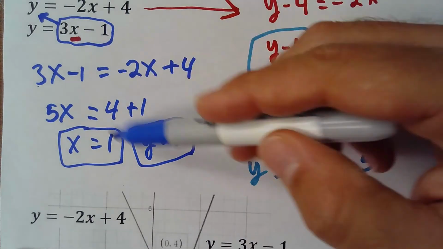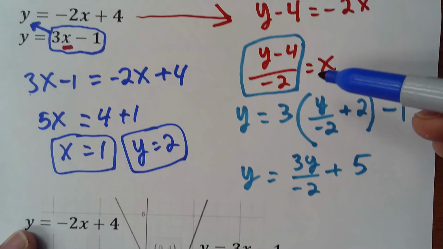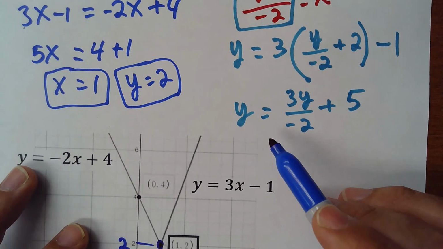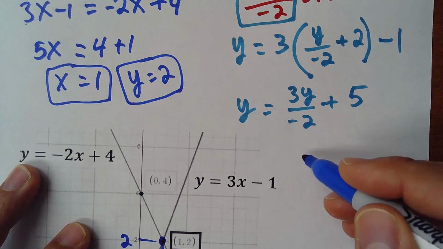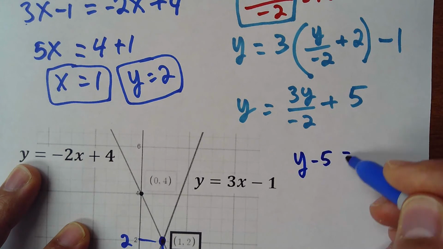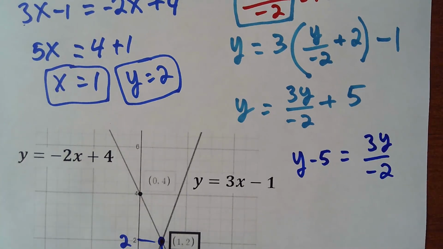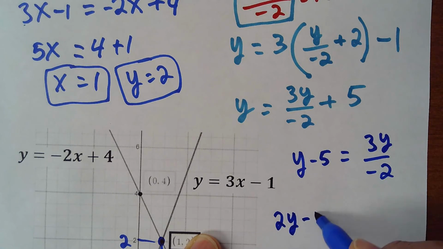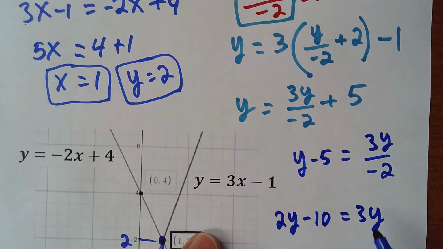So we did it here in one method, substituting the y, and here we're substituting the x. So let's finish this one, and we will see that we get the same answer, y equals 2. Now this 5 I'll put over here. It will be y minus 5 is equal to 3y over negative 2. So negative 2 goes up multiplying over here. It will be 2y minus 10 is equal to 3y.